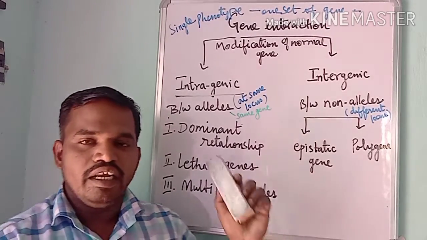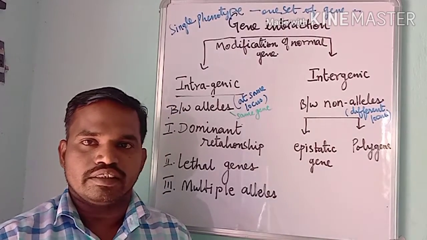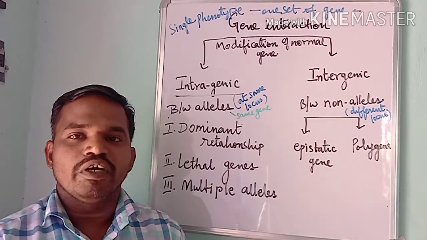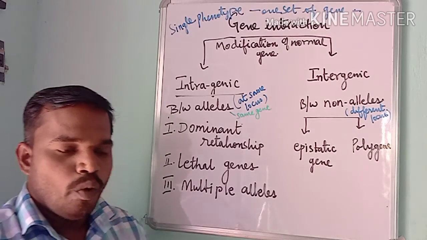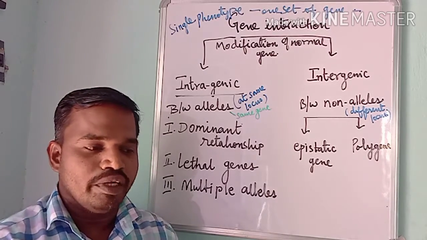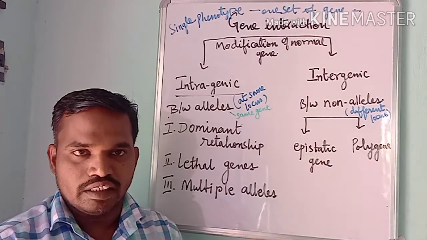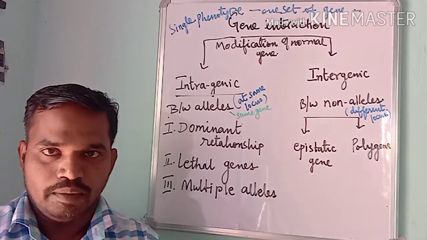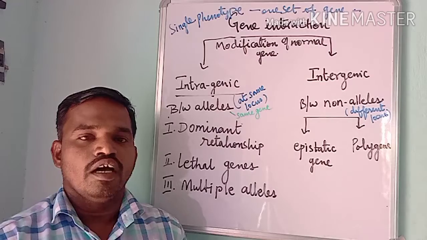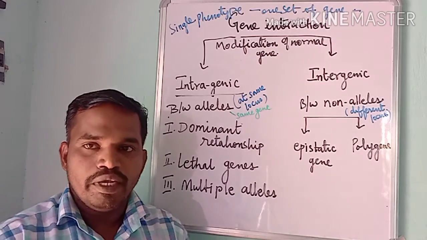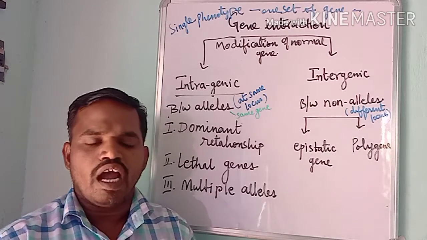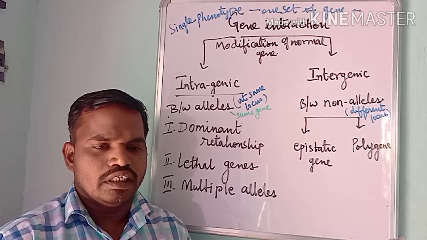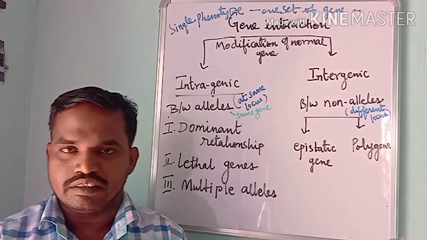So what is gene interaction? It is the interaction between two or more genes. When they interact, the result is a modified phenotype. Most of the characters of an organism are 100% the result of gene interactions.